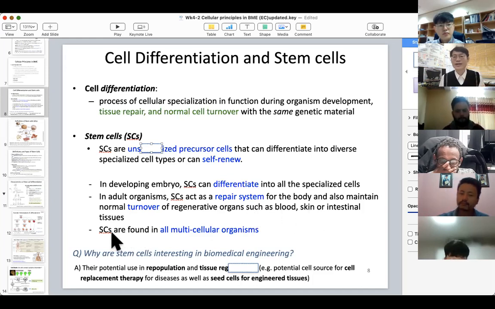So where are these stem cells? It's a real question. The important thing is that all multicellular organisms have stem cells, okay? For repair and for self-renewal. So then we have to ask, why are we talking about stem cells in biomedical engineering?